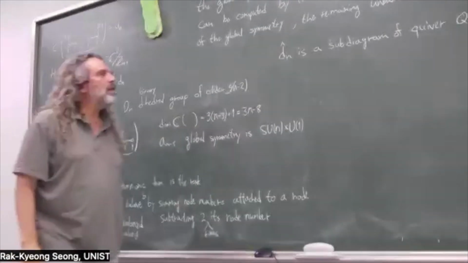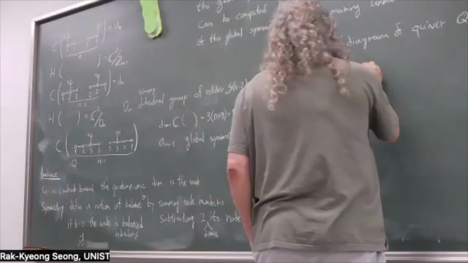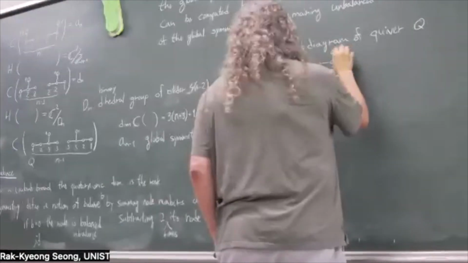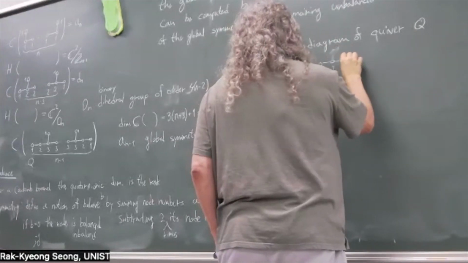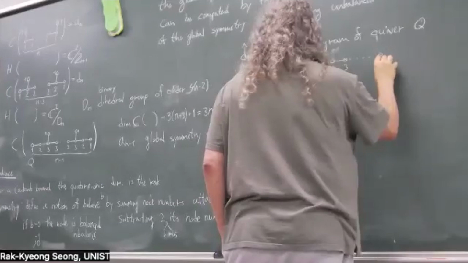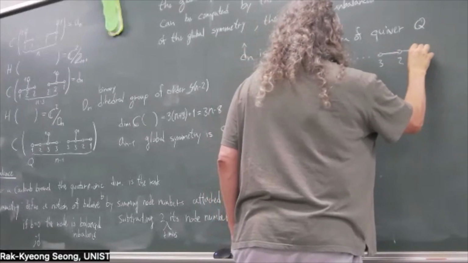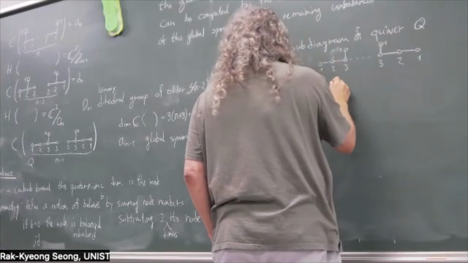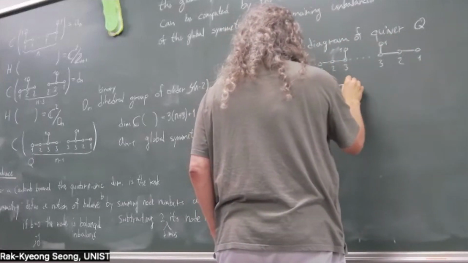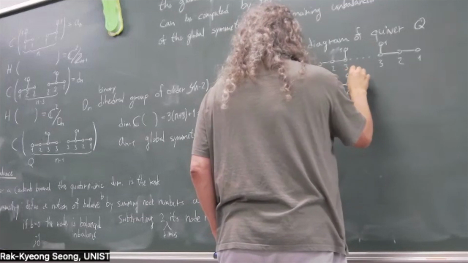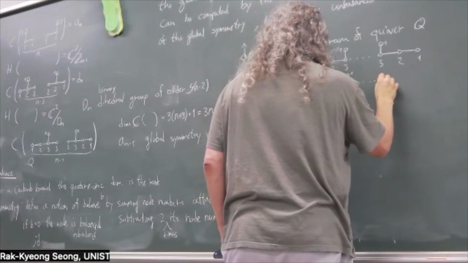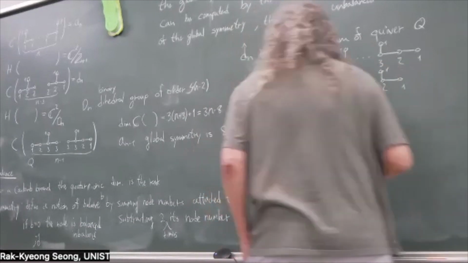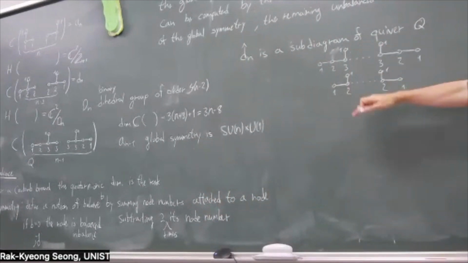And now let's do a subtraction. I will align those two quivers, and I'll put 1 here, 2, 1, 2, 1, and 1. I align them and I subtract.